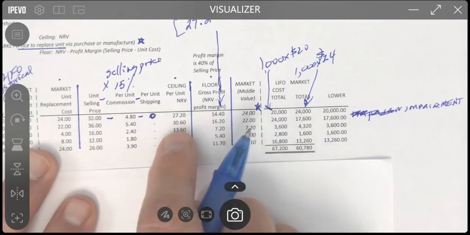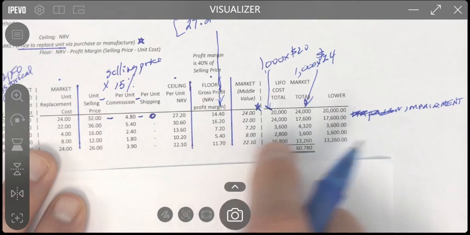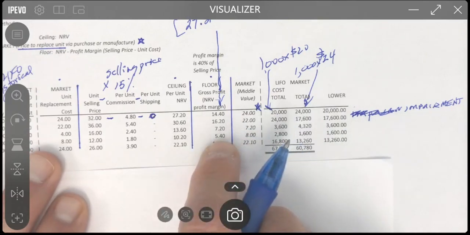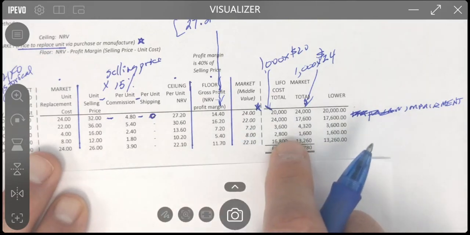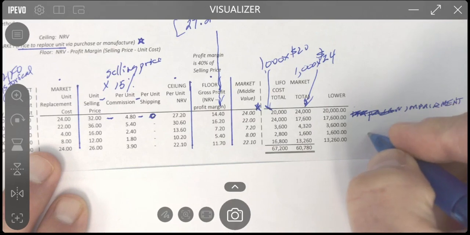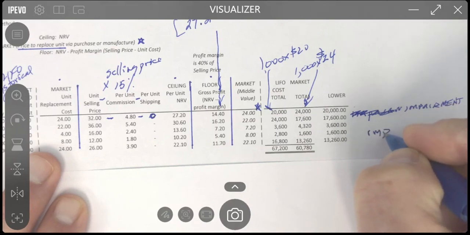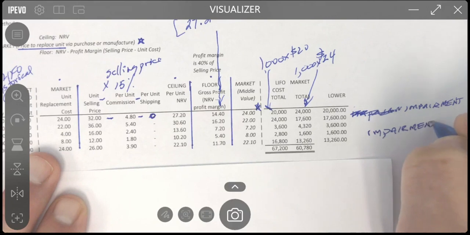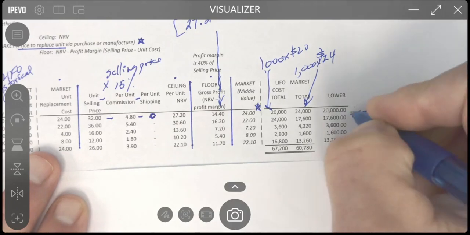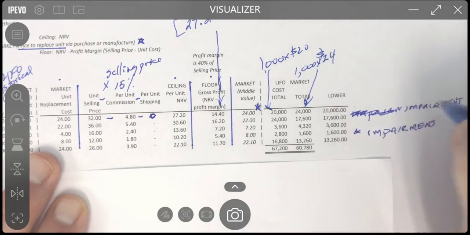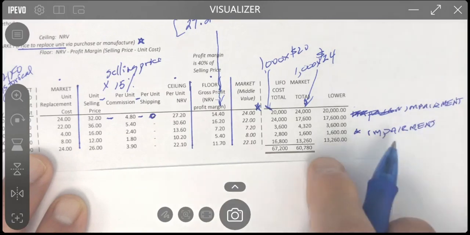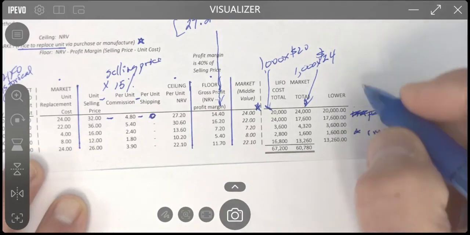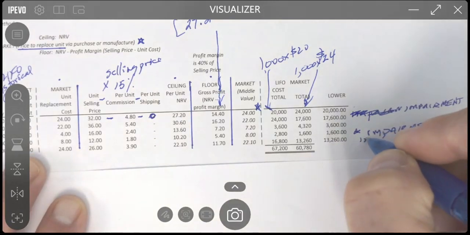It is lower than the ceiling and higher than the floor, the ceiling being 10.20, the floor being 5.40. And there is impairment under LOCOM. And there is also impairment on the logo shirts.